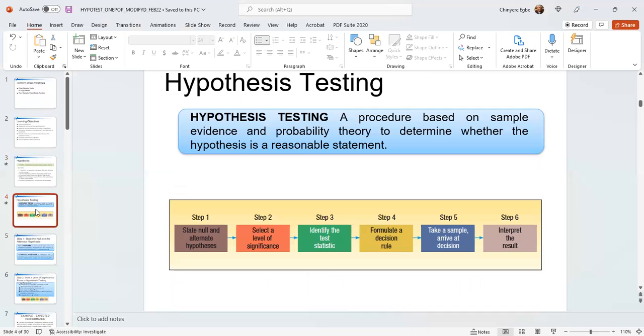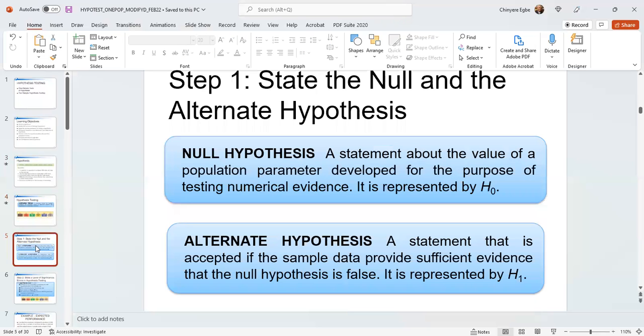All right. And so the steps are easy. You state a hypothesis. And the way a hypothesis is stated is to state a null hypothesis. Okay, and I'm going to write that null here. Okay, you state a null hypothesis, a statement about the value of a population parameter.